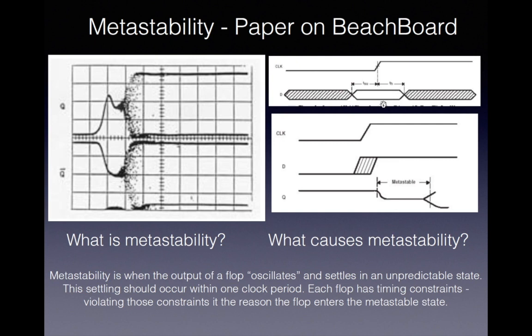So from the paper I've got on BeachBoard, these are some clips. The upper left shows a storage scope. Don't be confused. What they've captured is Q and Q bar. Sometimes flops have the Q bar output. That's meant to just show the two outputs. One goes north, one goes south.